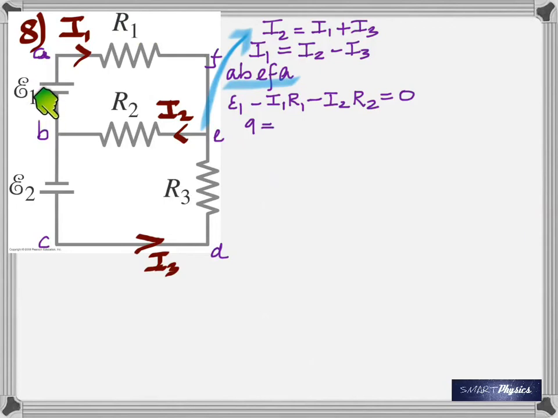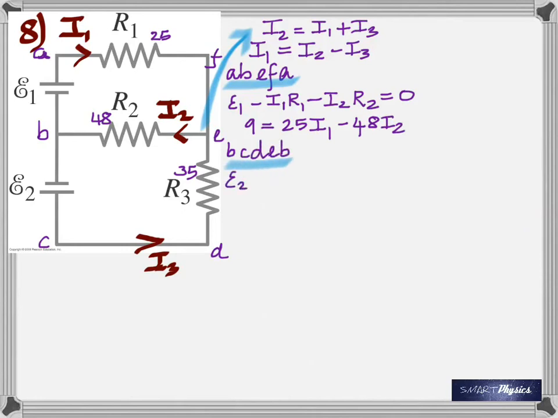When you go this way, you're going to the positive, so it's plus E1, along the direction of the current, so minus I1 R1, along the direction of the current, so minus I2 R2 is equal to 0. Okay, those are the values.